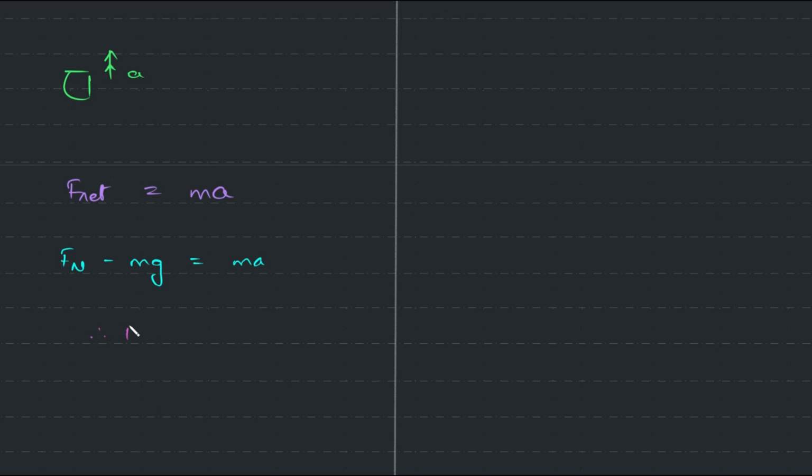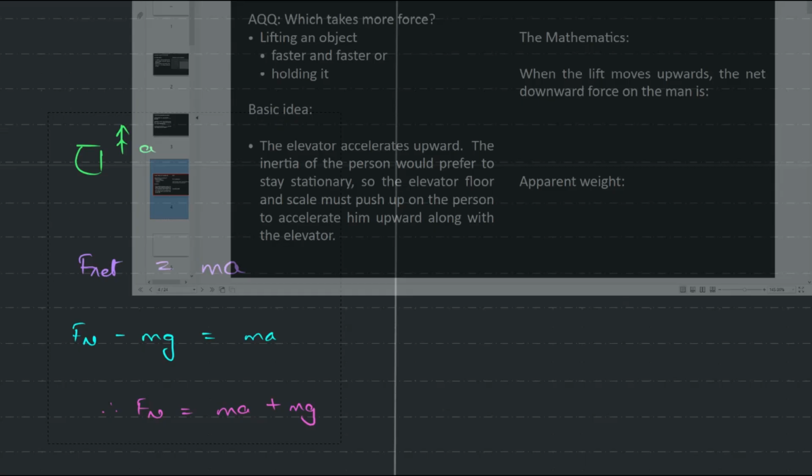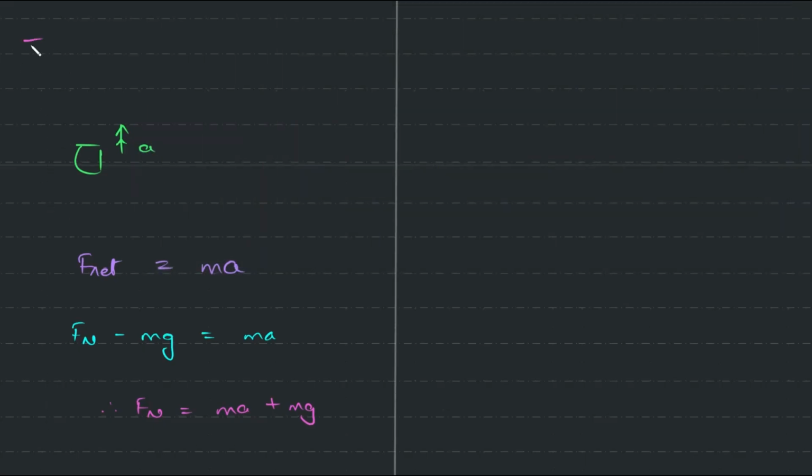Okay, so therefore F N is equal to ma plus mg. Okay, so I need to put a heading for this. So this heading is the mathematical expression, the math. When the lift is moving up, the net force on the man would be given by this basically.